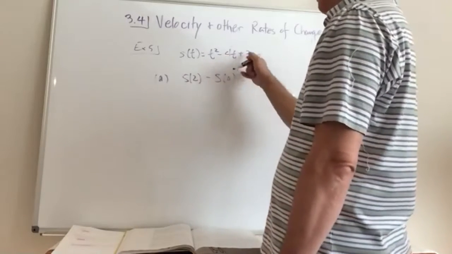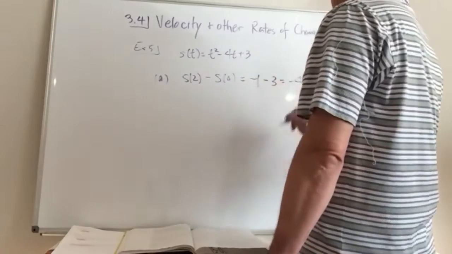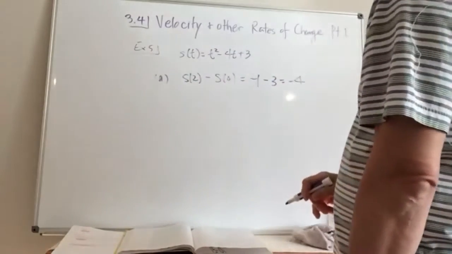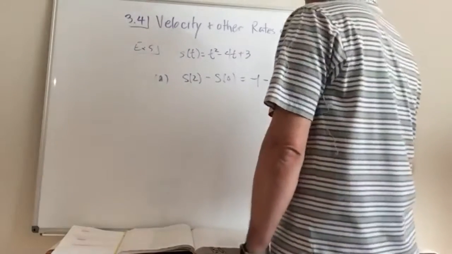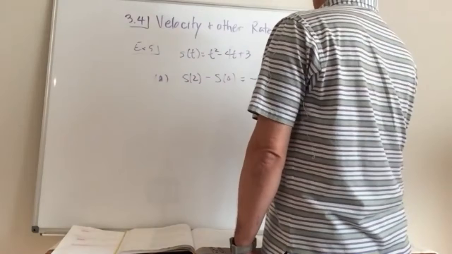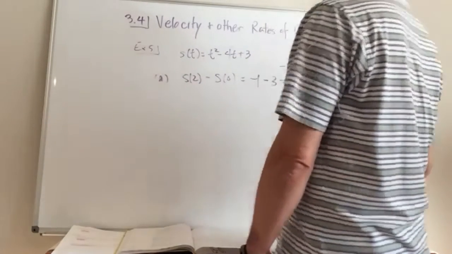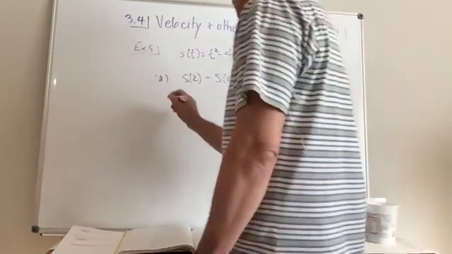And if it was 0, I get 3. So the answer is going to be minus 4. In other words, it started at 3, and then it moved this way to minus 1. So it's minus 4.